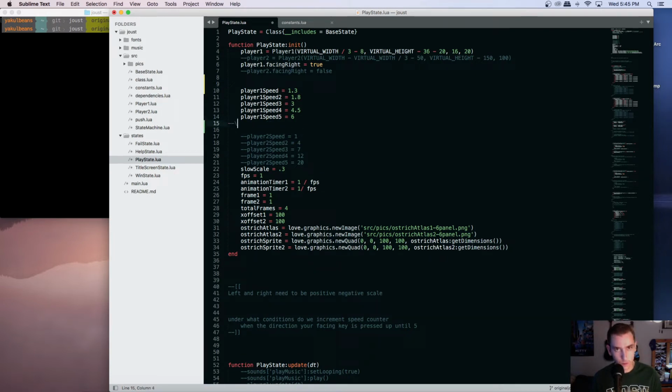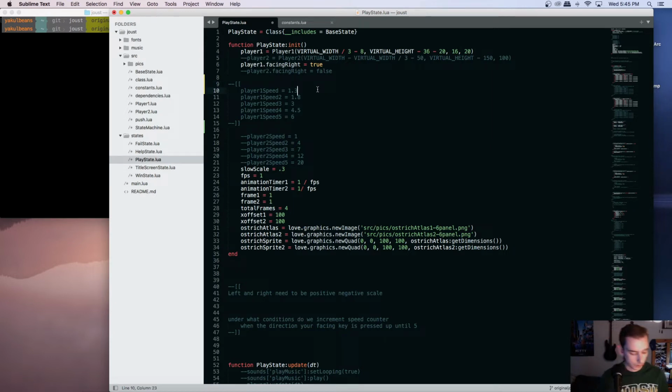In Lua, you can chunk out a block of code like this for commenting. And the cool thing is, if you put a third dash here at the beginning, you can toggle that whole block back on, which is nice.